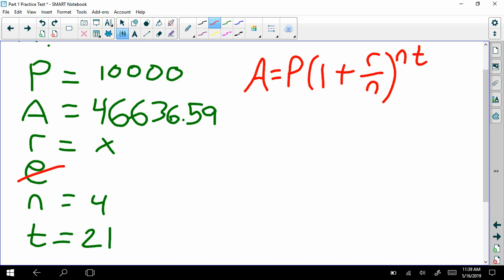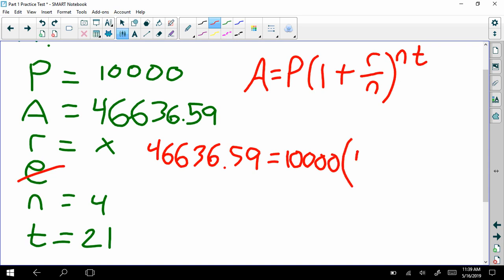You fill in everything that we know. So 46,636.59 equals 10,000 times 1 plus r, called it x, over n is 4. And then the exponent is n times t, 4 times 21, which is 84.